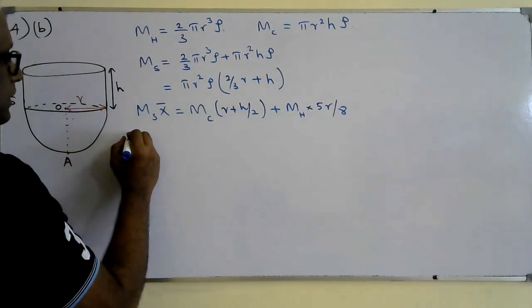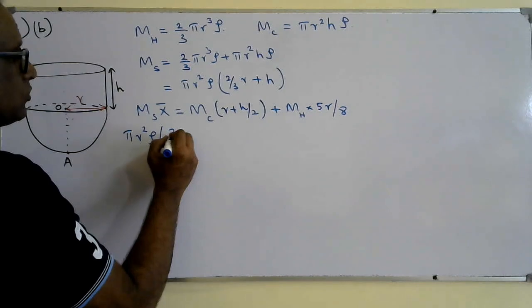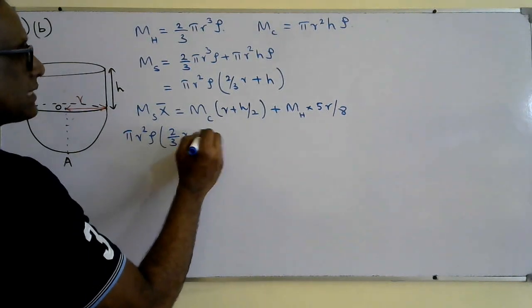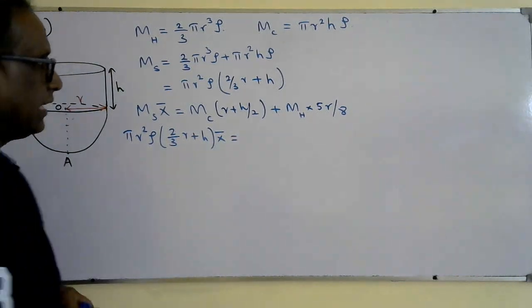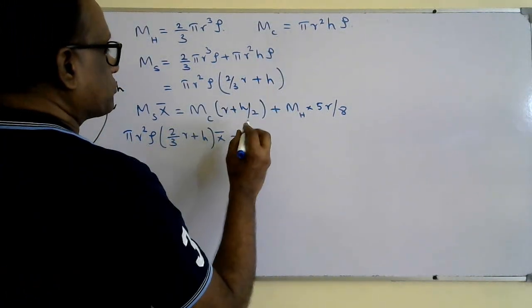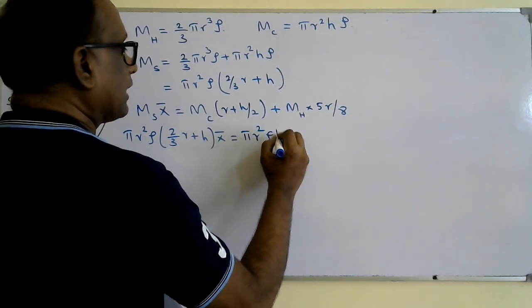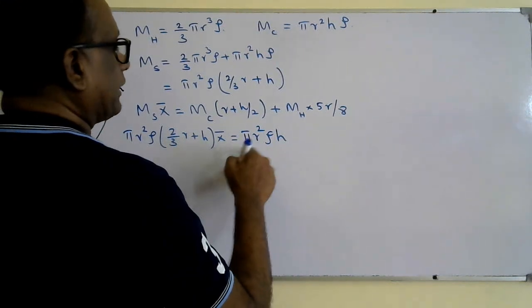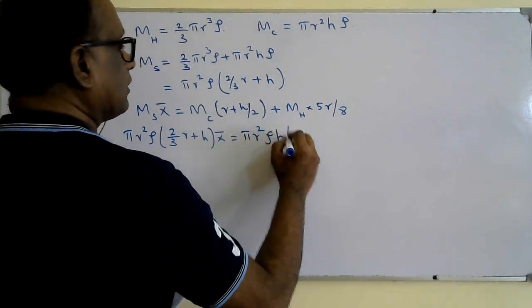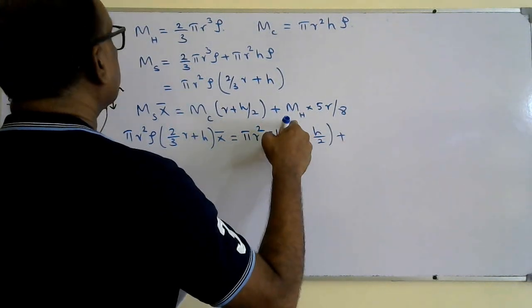Mass of S, that is pi r squared rho into 2 by 3 r plus h, into x bar. We need to find the x bar finally. Mass of the cylinder, pi r squared rho h. So pi r squared rho, I put it together to cancel all. Pi r squared rho into h, r plus h by 2, plus mass of hemisphere.